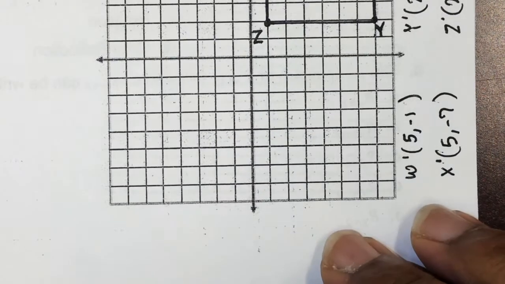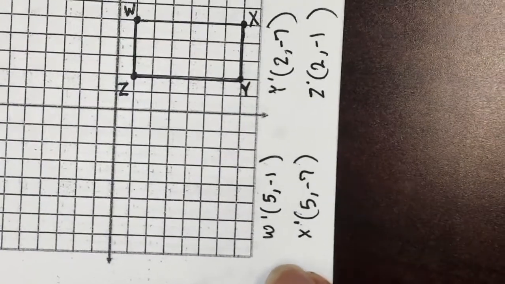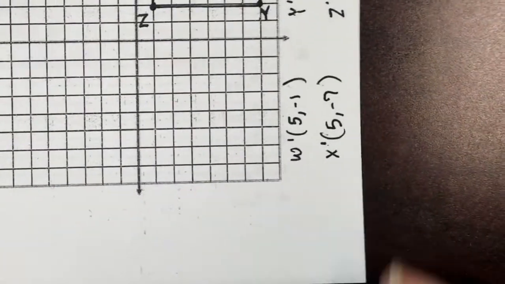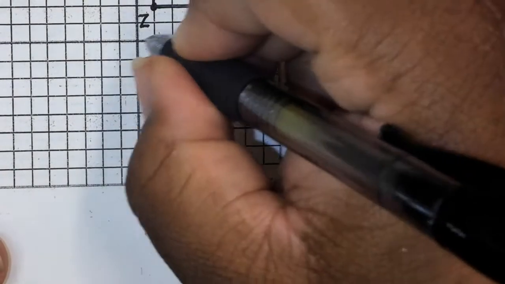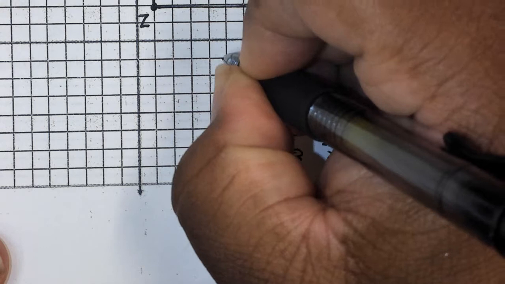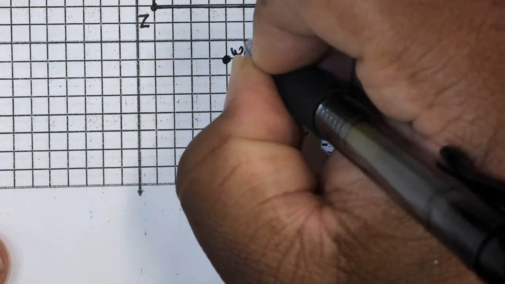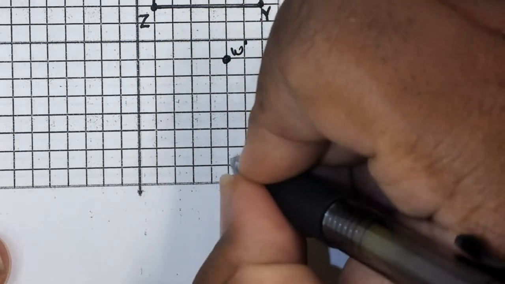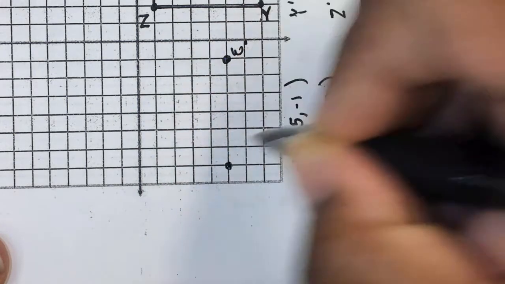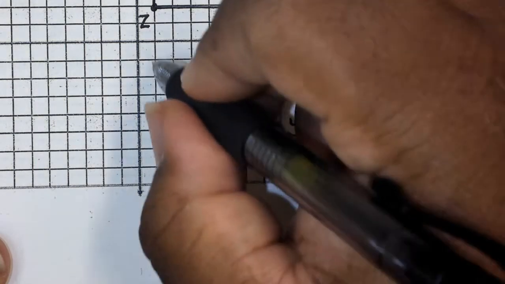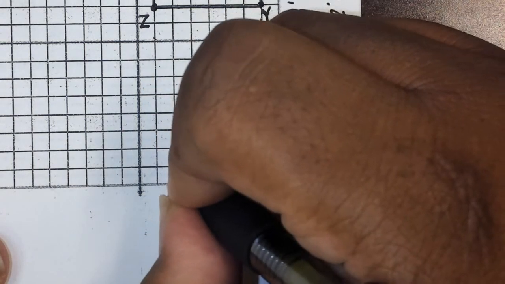Graphing those. So W prime, we said 5, -1. X prime, 5, -7. Y prime, 2, -7.